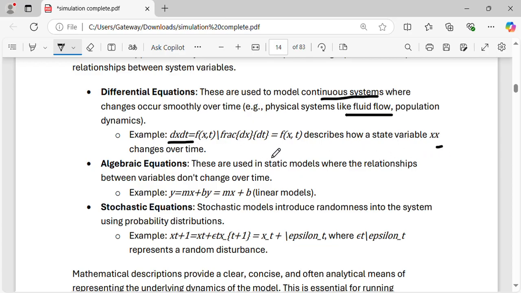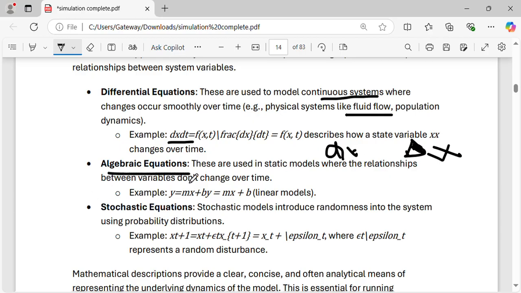You have dx/dt, basically the derivative of x, equals f(x, t). This is basically the function for calculating the derivative of x, or in other words, like I told you, the derivative or this small delta shows a small change which occurs in some variable.